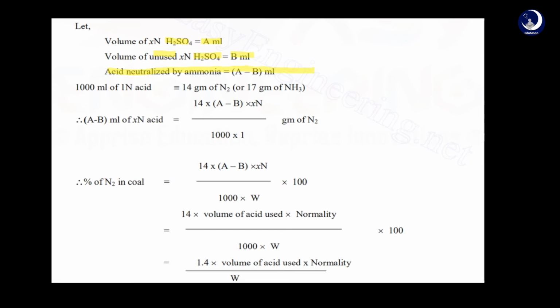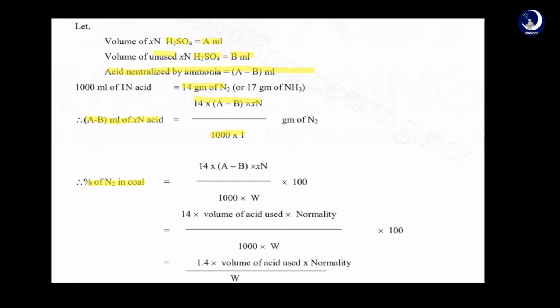Now 1000 ml of 1N acid equals 14 grams of N2. Then A minus B ml of N acid equals 14 into (A minus B) N by 1000 grams of N2.